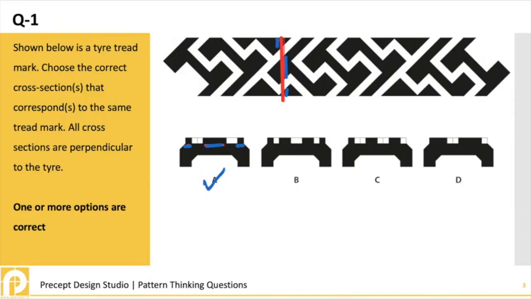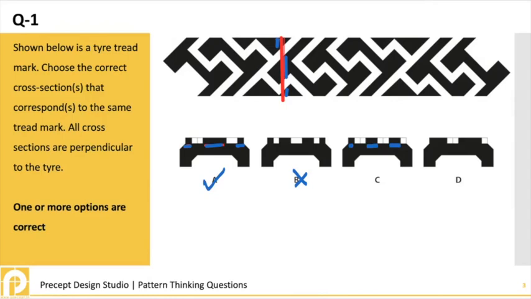Next, we move to option B, where we are given two smaller cross sections on two sides and then two medium sized cross sections in between. If I start laying my lines at any point, we don't get two parts in between or two smaller parts on the side, so B is wrong. We go to option C. In the case of option C, we get a cross section here, a smaller cross section here, a medium sized cross section here, and a medium sized cross section here.